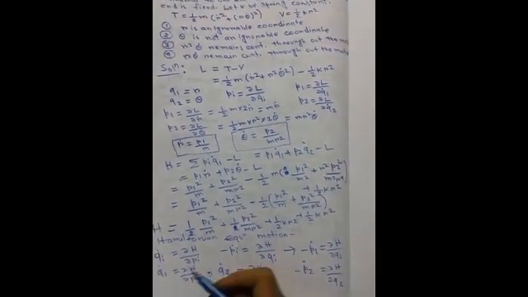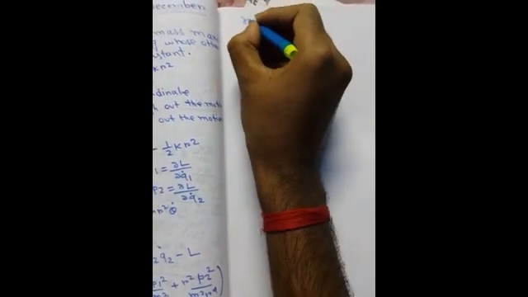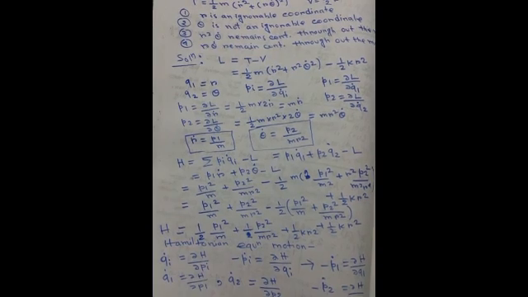Next, what is q1 dot? q1 dot is r dot, so r dot equals del H by del p1.